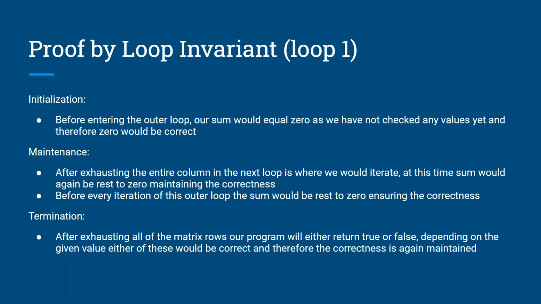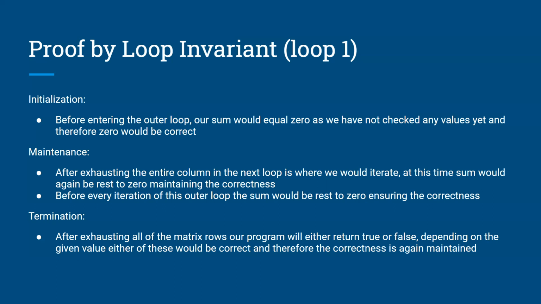I'm sorry, every time that we come to this loop, all it does is change the x coordinate. And it's important to keep in mind that every time we change a coordinate, we will be resetting our sum to 0. So before every iteration of this outer loop, the sum would be reset to 0, and this ensures the correctness.